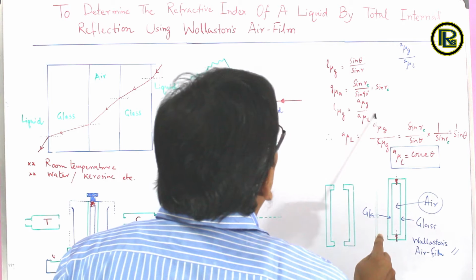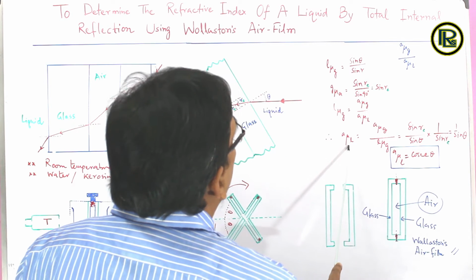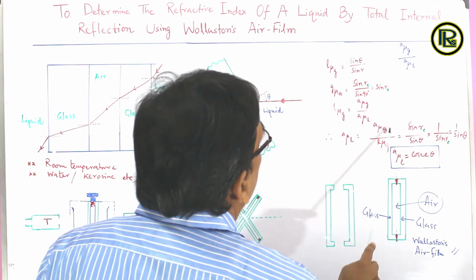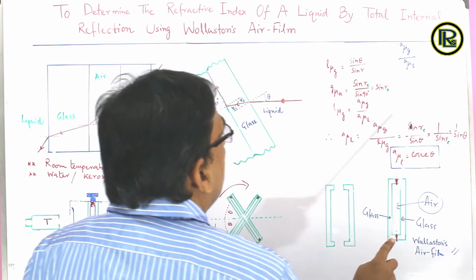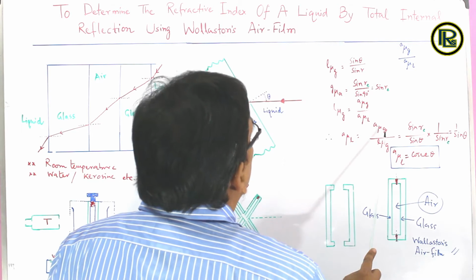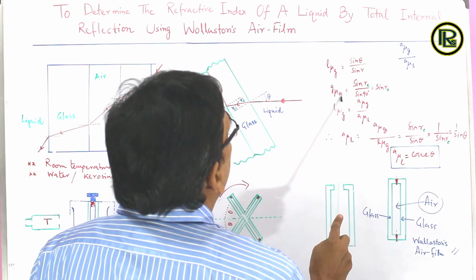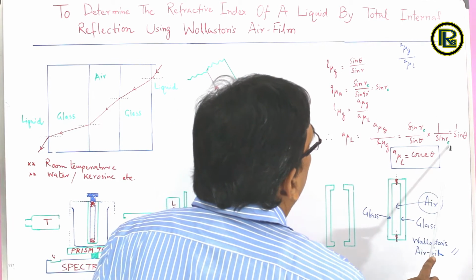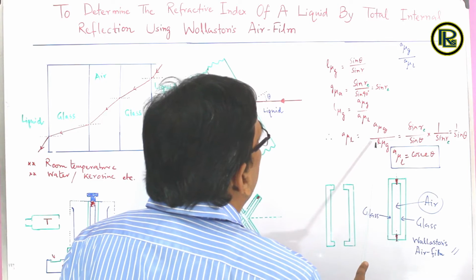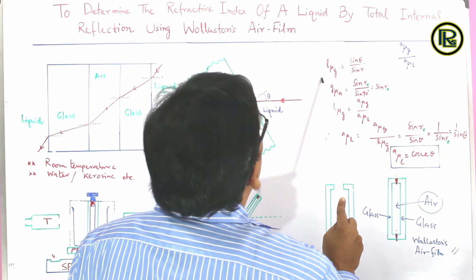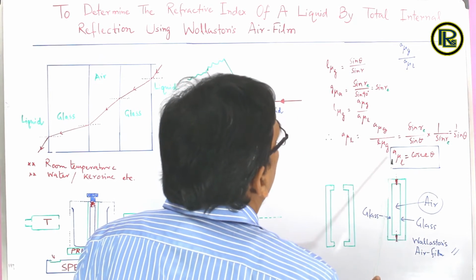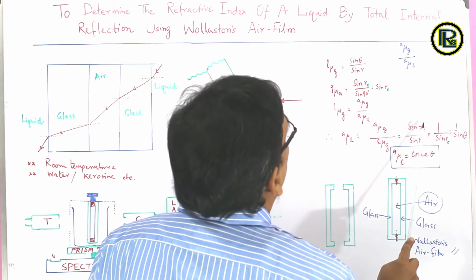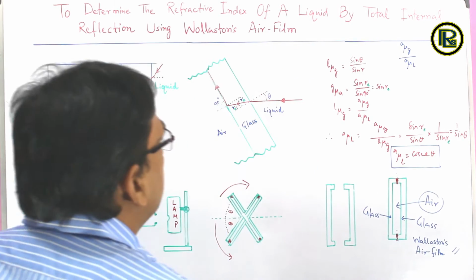So from this relation, A mu L can be written as A mu G upon L mu G. And A mu G is the inverse of G mu A. Therefore, A mu G is equal to 1 by sin RC, and L mu G we have already determined: L mu G is equal to sin theta by sin RC at the critical angle.